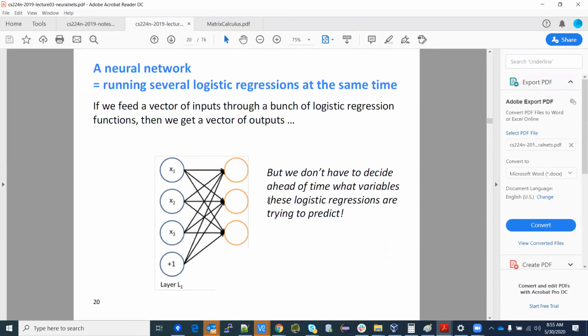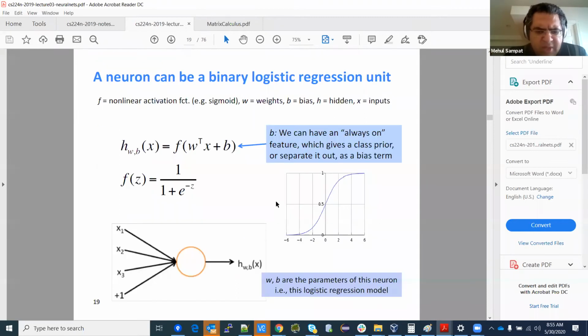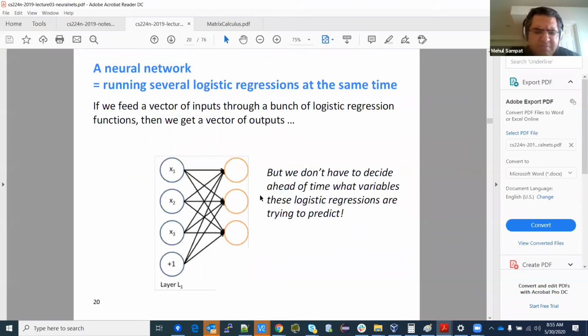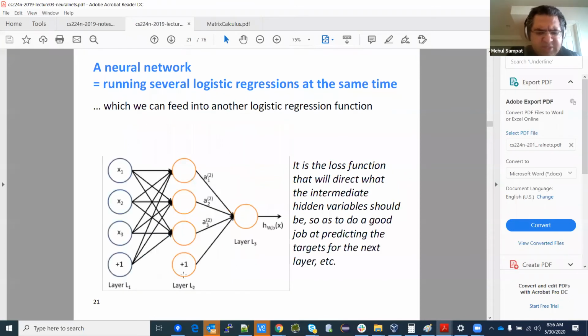Right. So now you can build on this basic binary logistic regression unit and build towards a neural network, right? So you have your input layer, and you could have multiple hidden layers, right?